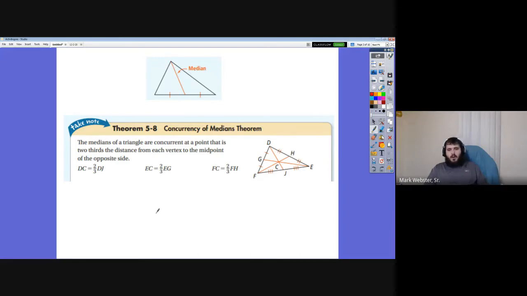And so here's the thing. They have it written out like this, but I wanna point out that they're gonna be working with any of these segments here. So let's say it like this.